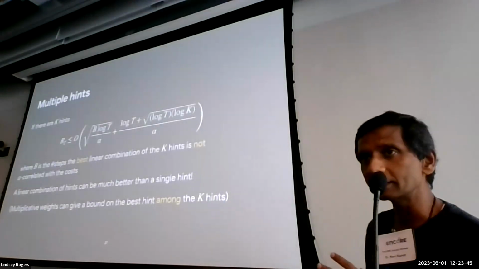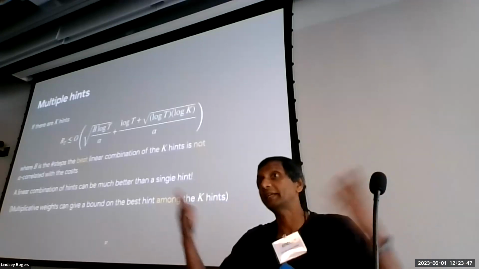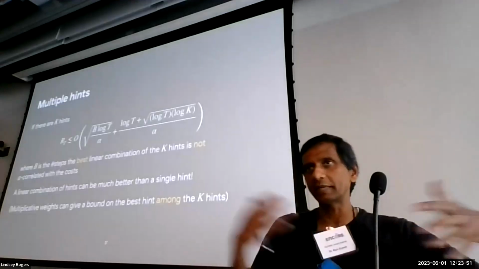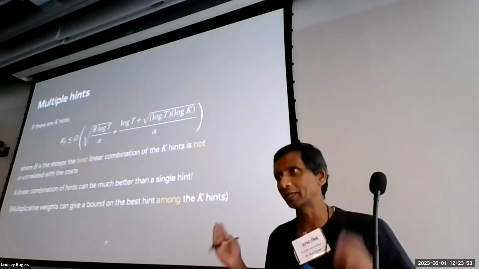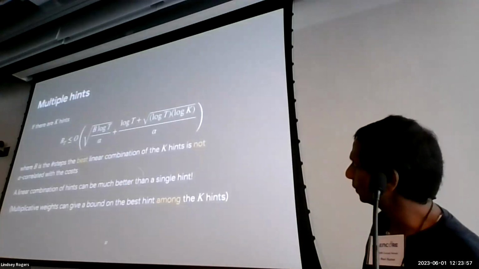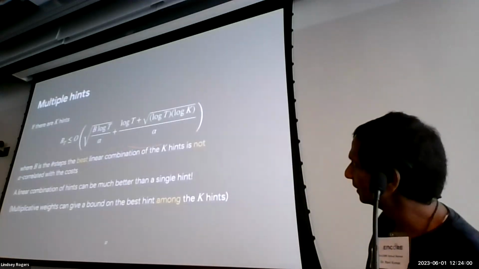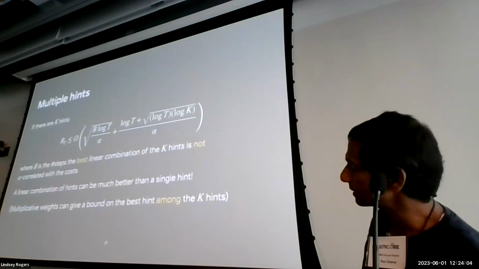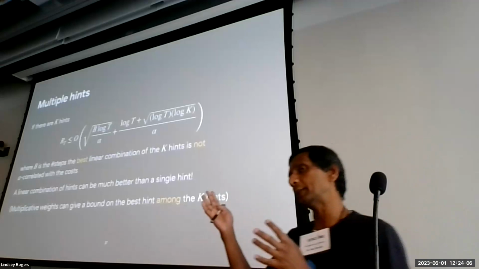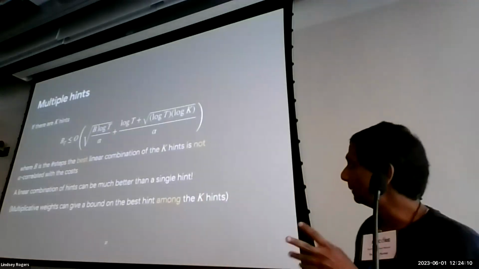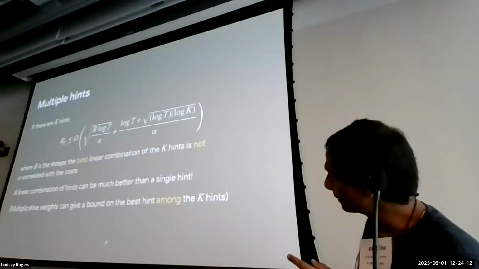Okay. And there are a bunch of other extensions that one can think of. One is multiple hints. Imagine a scenario where I have 10 machine learning algorithms, all of them feeding into this online algorithm, trying to tell it go this way, go that way, and so on. So how do I reconcile? For this online optimization, you can show that with k hints you can get this kind of a bound, where the interesting part is that B is not the number of steps where the best possible hint is bad, but the number of steps where the best possible linear combination of hints is bad.